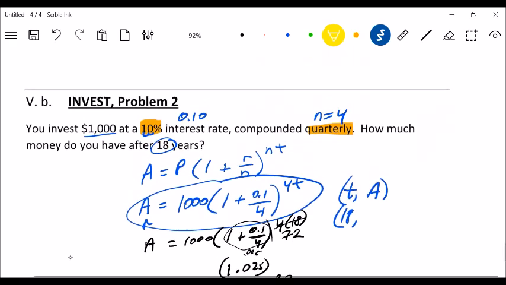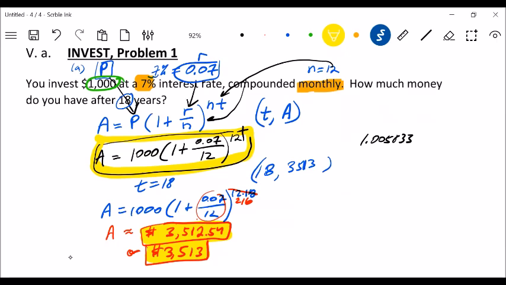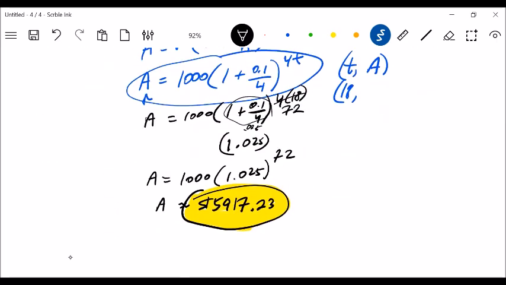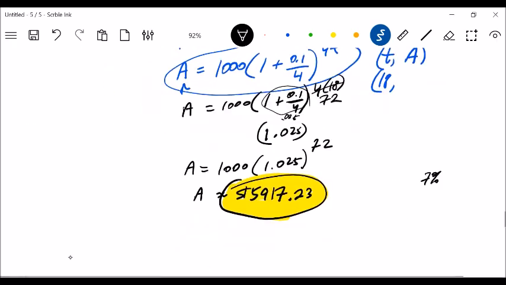Look at 7% interest, and monthly compounding is usually better, but the difference between 7% and 10% is 3%. At 7% for 18 years, you had $3,513. At 10%, you get $5,917. A huge difference by the percent rate. So every 1% higher, you get higher results.